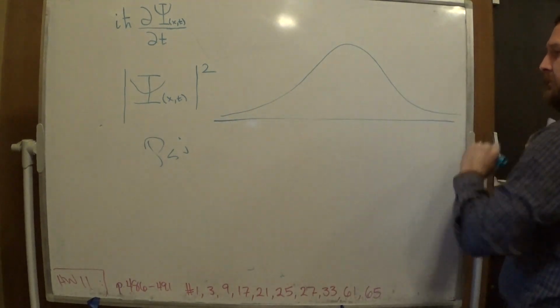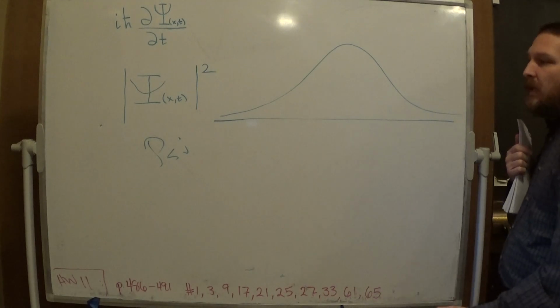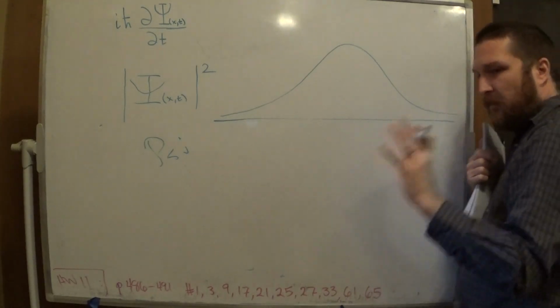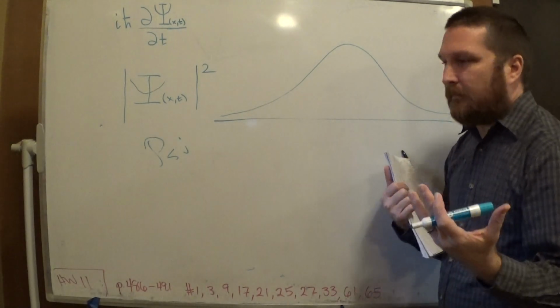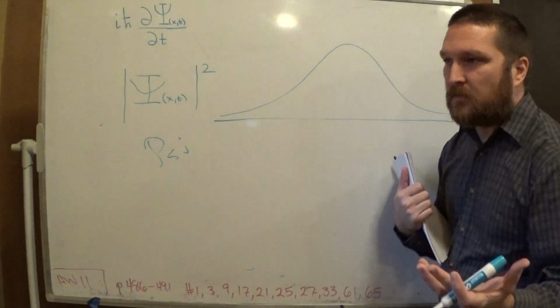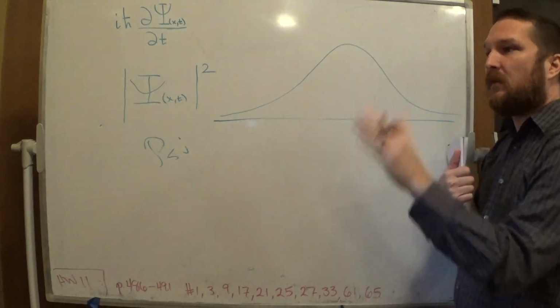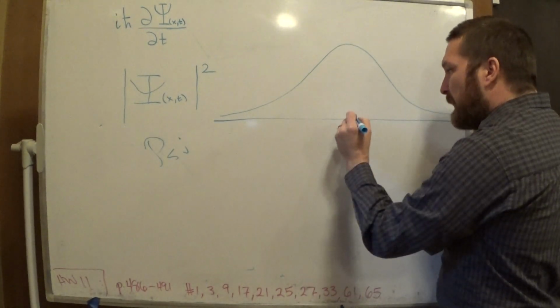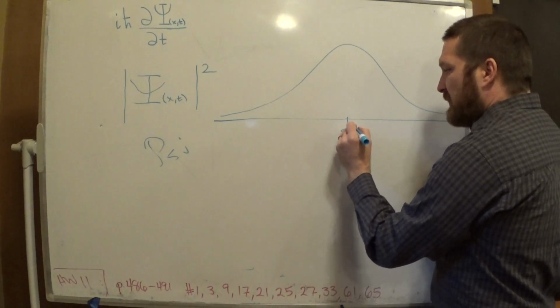You heard of a bell curve? Okay? Whenever I think of a bell curve, I think about taking everybody at UW, let's take every student and line them up according to their height. And most people at UW will be 5'6".